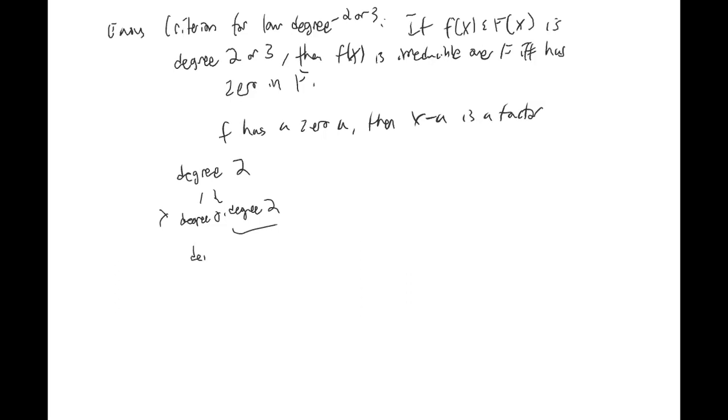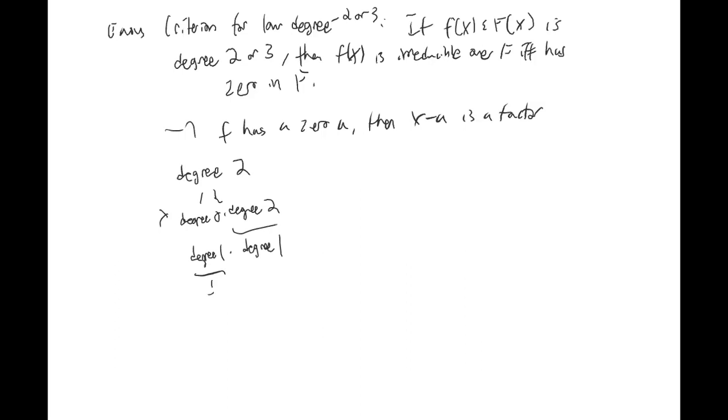The only other choice is degree 1 and degree 1, since we're in the degree 2 case. But a degree 1 factor just means that there's a 0. Does everyone agree with this?